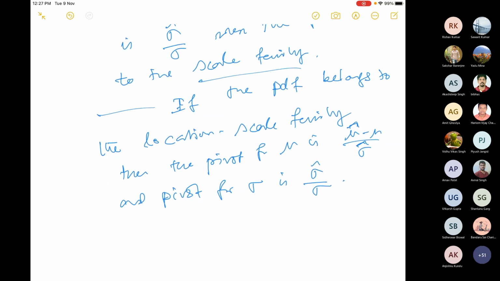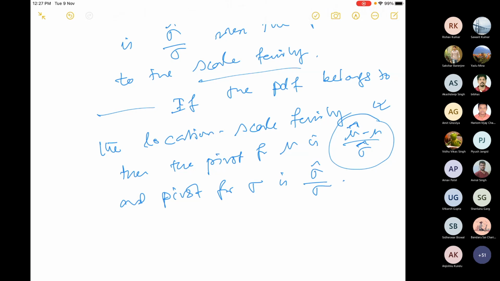Anyway, this is up to some scaling. This is a statistic after all. We need to know the PDF of this, but maybe a scaling of this will give you a PDF. So approximately this is the thing, because we need to know the PDF, otherwise we will not be able to solve the problem.